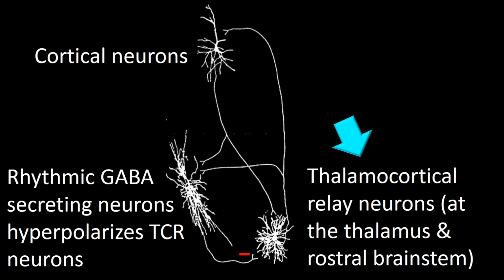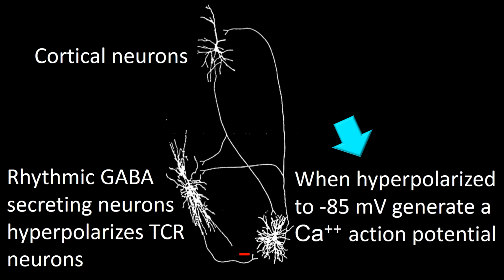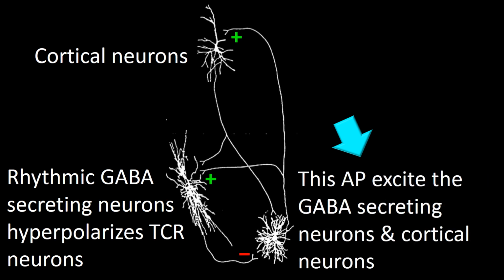These neurons, when hyperpolarized to minus 85 millivolts, generate a calcium action potential which excites the GABA secreting neurons in the reticular nucleus of the thalamus and also the cortical neurons.